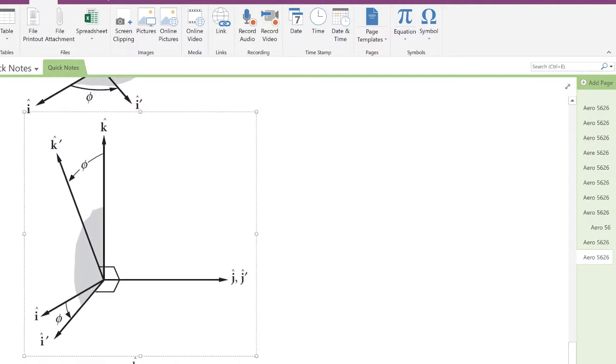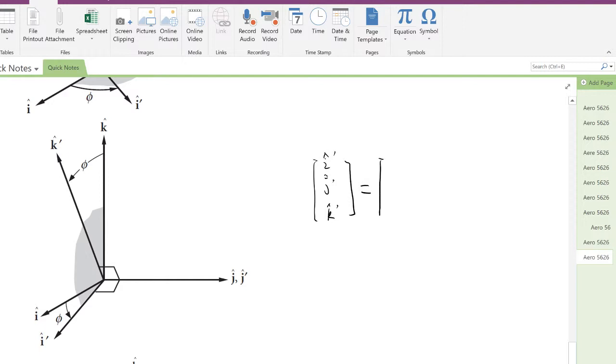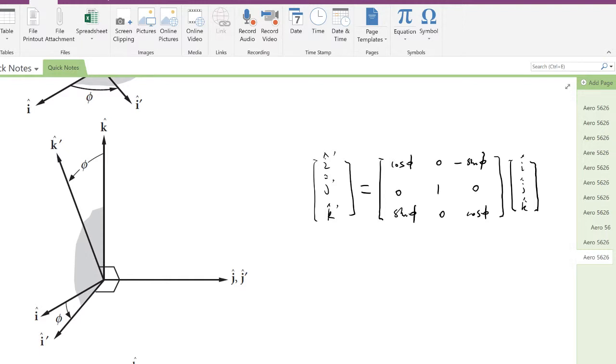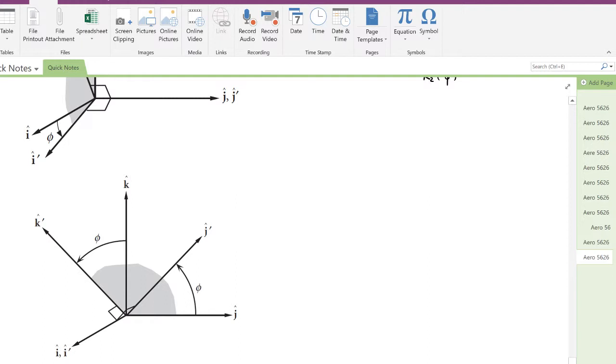At this time, if we rotate to I prime, J prime, and K prime, the rotational matrix can be written as cosine phi, 0, negative sine phi; 0, 1, 0; sine phi, 0, cosine phi, times I, J, K. And we name this matrix the R2 matrix.